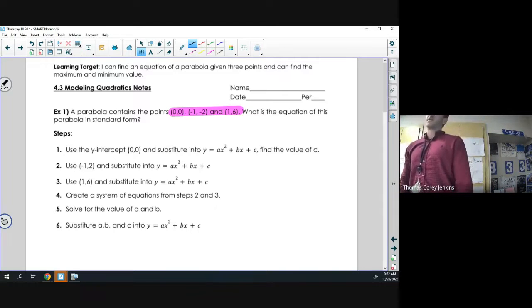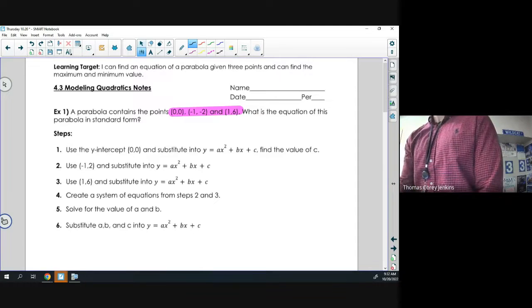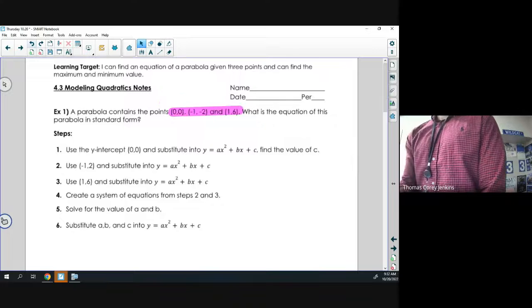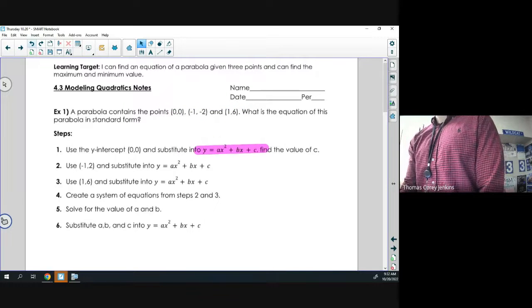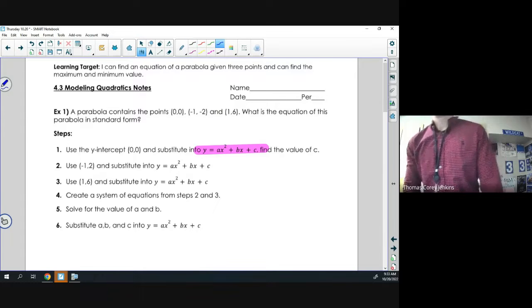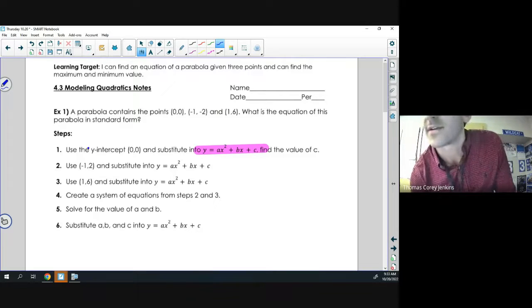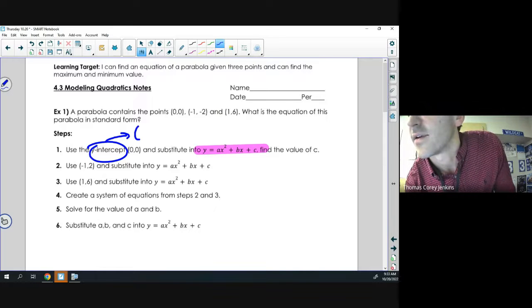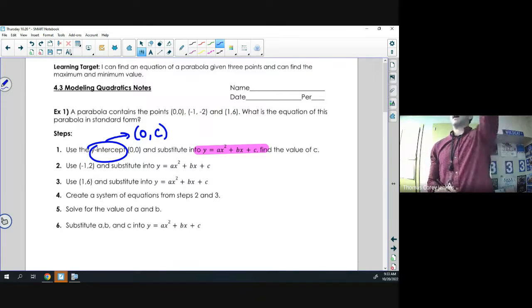Step one is we use our y-intercept. So you're looking where x equals 0, and it says sub in to standard form, but we don't really have to. We can simplify that a little bit. We've already been told and gone over that the y-intercept is at (0, c).